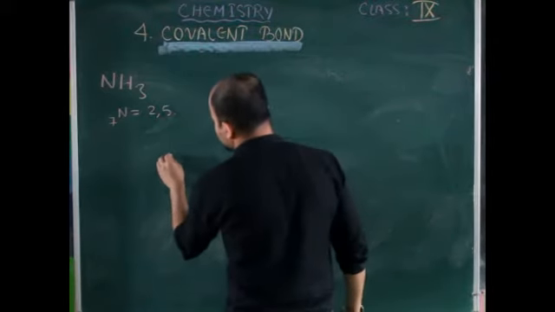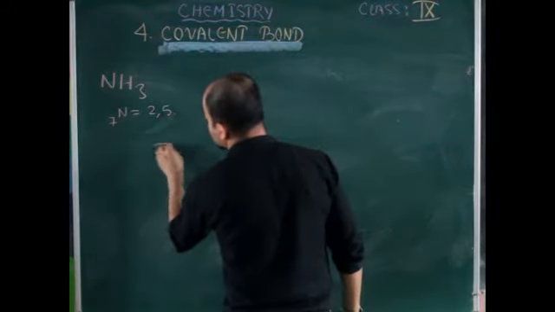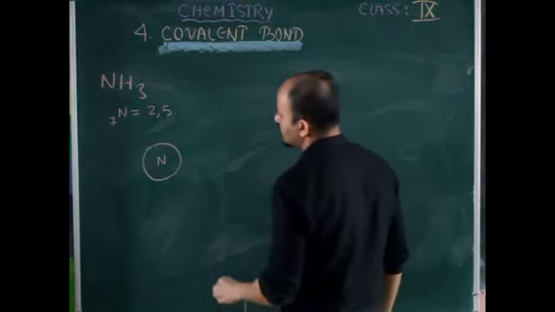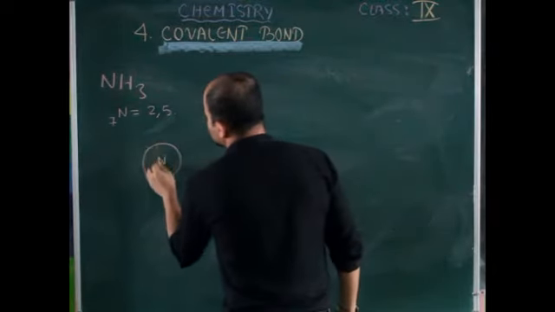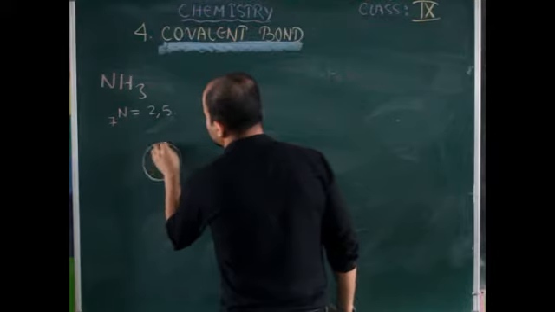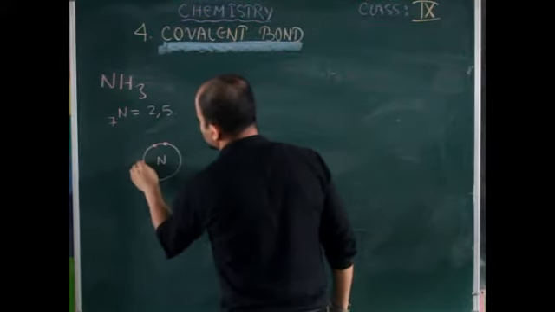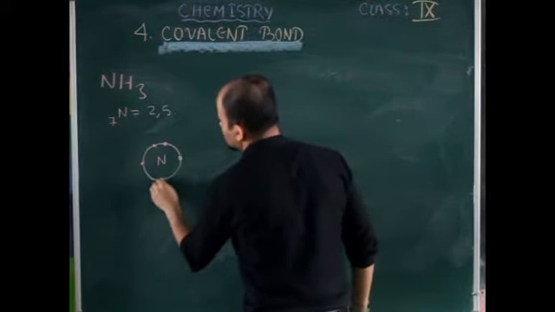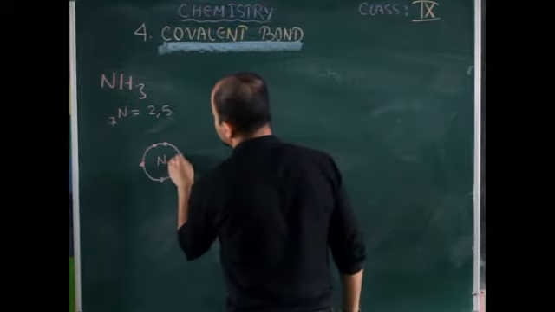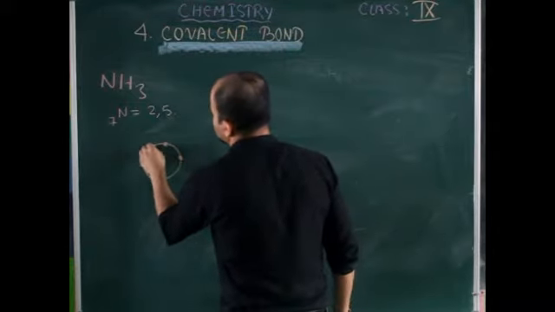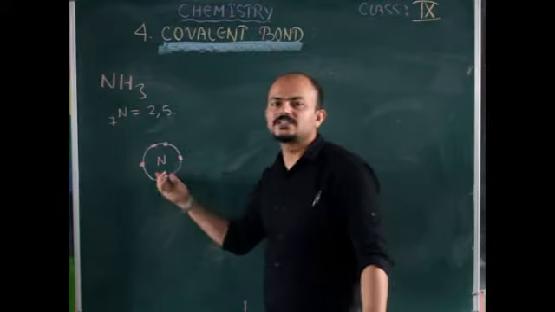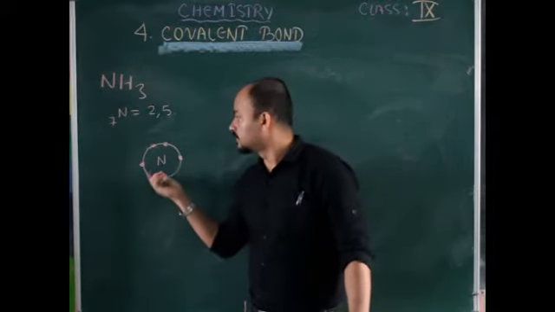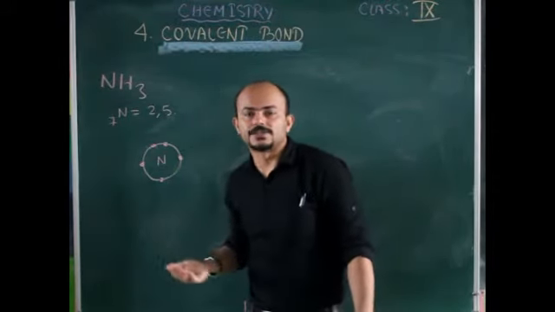Nitrogen contains 5 electrons in the valence shell: 1, 2, 3, 4, 5. Now, how many more electrons does it need for the octet configuration to be stable?